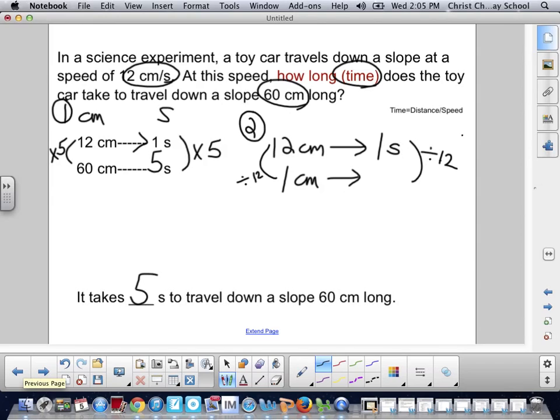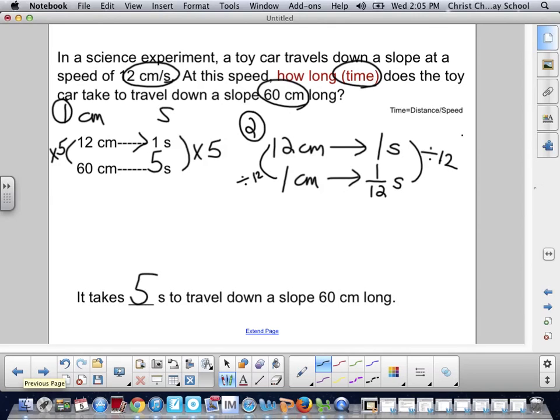Go ahead and pause the video at this point if you need to, so you can think what 1 divided by 12 is, and then come back. Welcome back. Hopefully you figured out that it was 1/12 of a second.